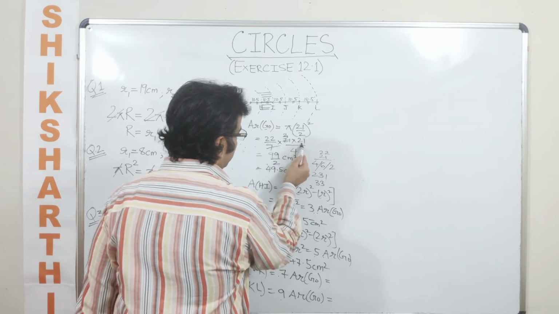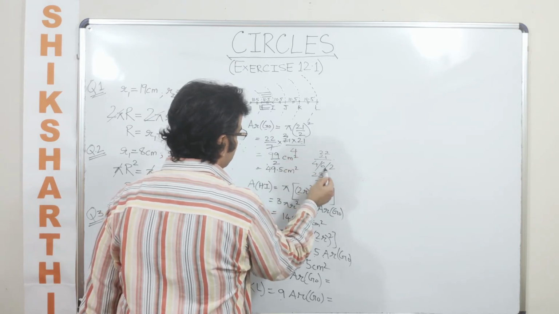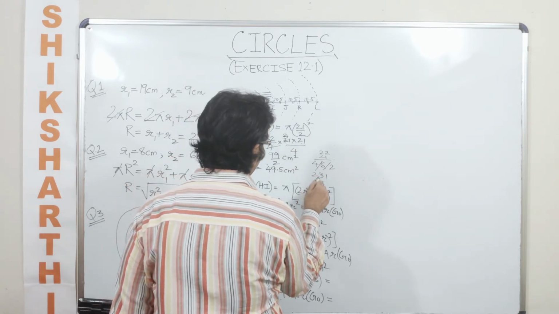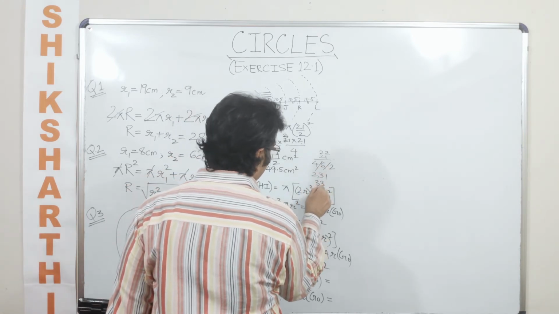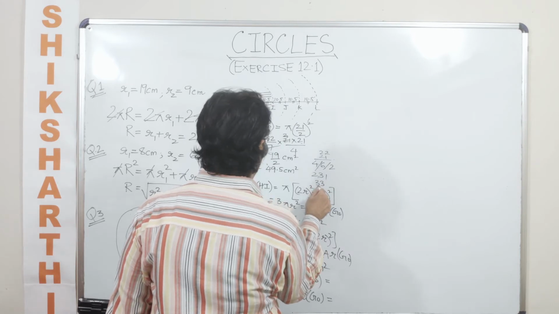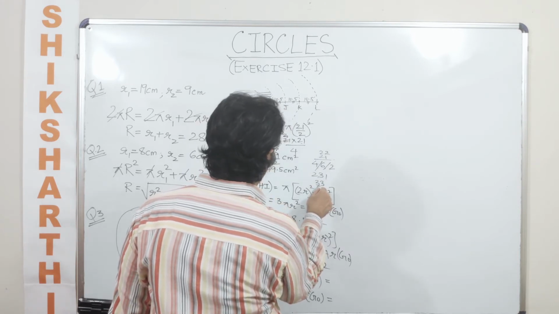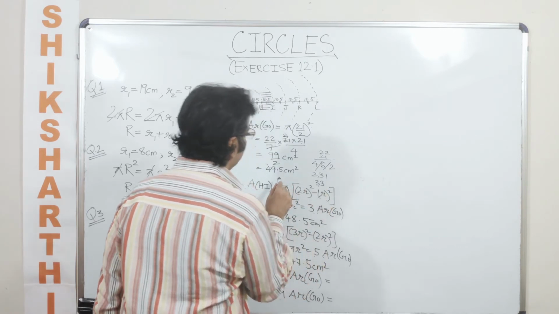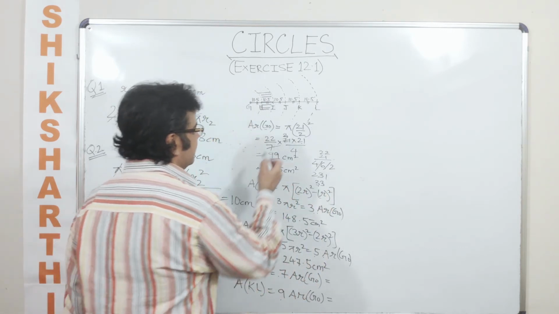Now 22 into 21 can be written as 462 divided by 2 is 231 divided by 7 is 33. Okay, divided by 2 is 33 by 2 and multiplied by 3.